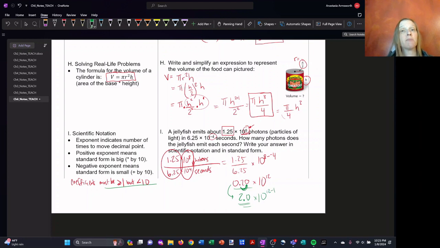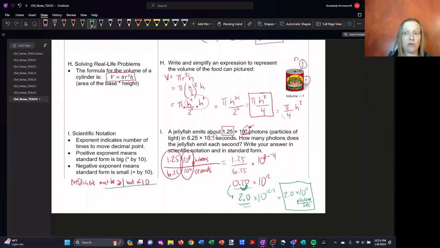And I'm going to make it smaller by just a value of 1. Why 1? Because I moved the decimal point just one time. So my final answer here will be 2.0 times 10 to the 11th power, and that is in photons per second. So that's a whole lot of photons in 1 second.